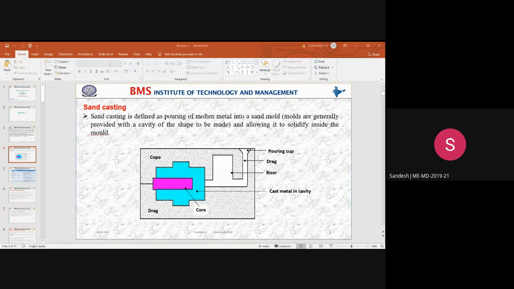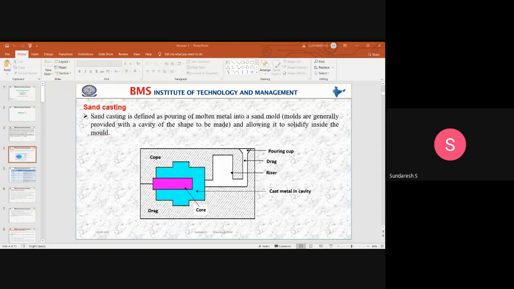It is a metal casting process which uses sand as the molding material, sir. Okay, then how do you do sand casting? It basically has two parts. Which are those two parts? Cope and drag.